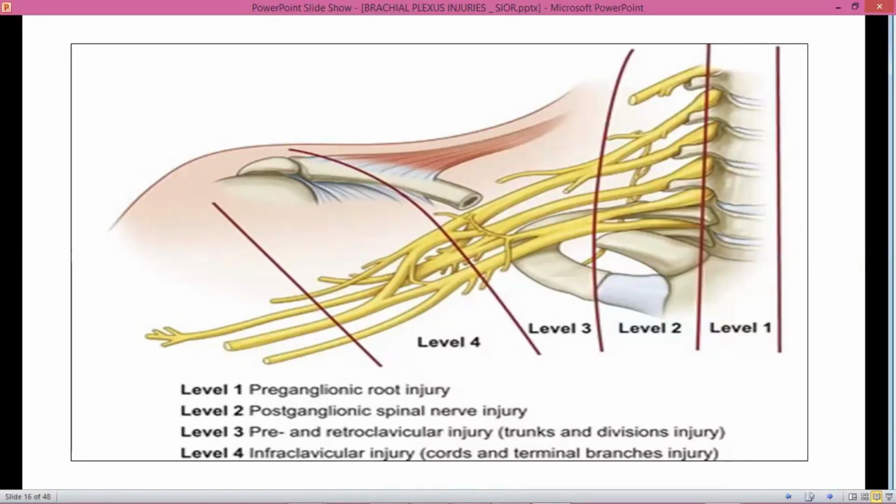And if it's level 4, that means it's an infraclavicular injury. The cords and the terminal branches are injured. So this picture is very important because it's important to identify the level of injury, as our rehab and further management depend on finding out whether the cords, branches, trunks, or divisions are involved.